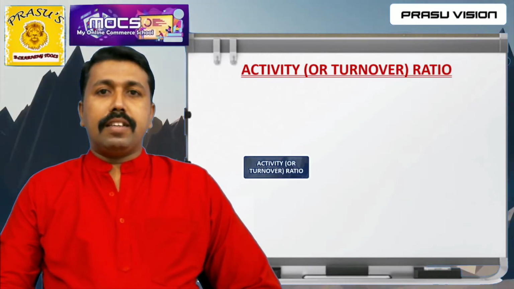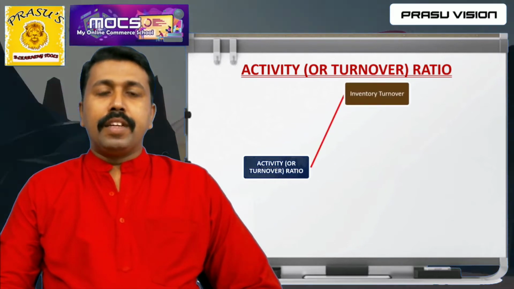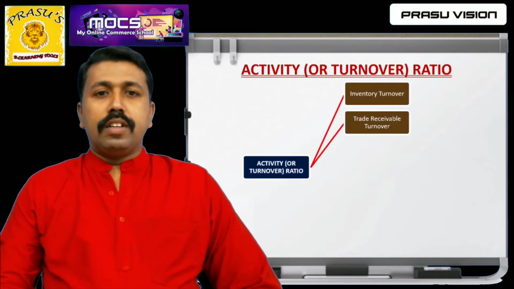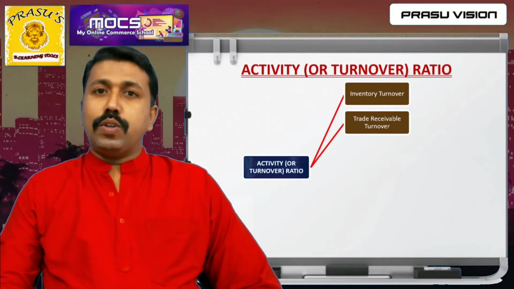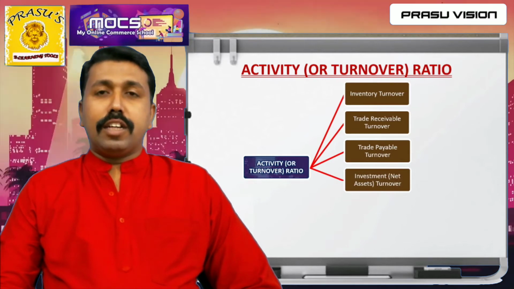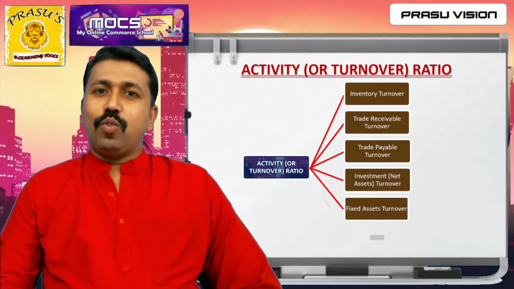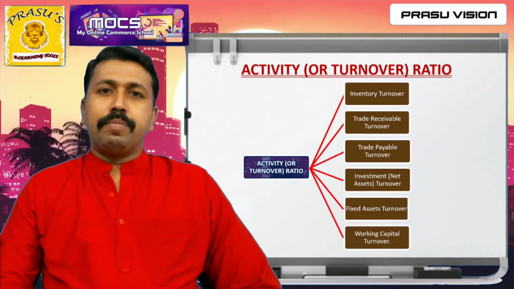Please keep in mind the different activity ratios: inventory turnover ratio, trade receivable turnover ratio, trade payable turnover ratio, investment turnover ratio, then fixed asset turnover ratio, and working capital turnover ratio.